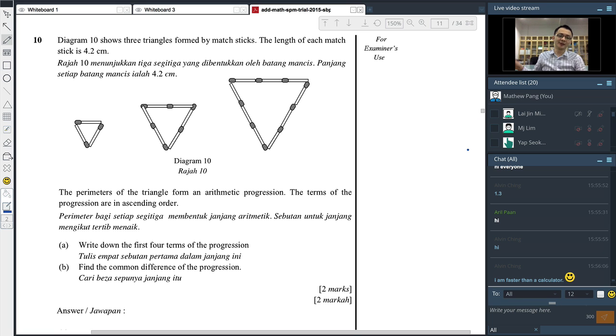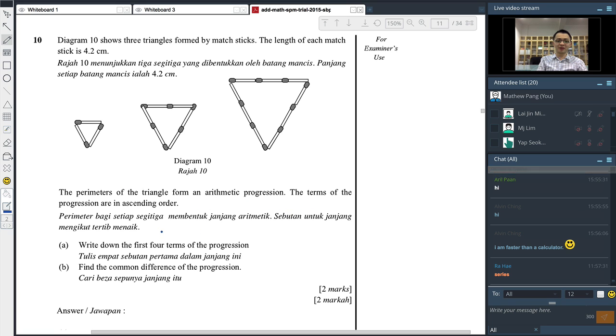Number 10. Diagram 10 shows the triangles formed by matchsticks. The length of each matchstick is 4.2 centimeters. So the perimeters of the triangles form an arithmetic progression. The terms of the progression are in ascending order. Yeah, this is a progression question. So you want to write the perimeter for the first 4 terms.